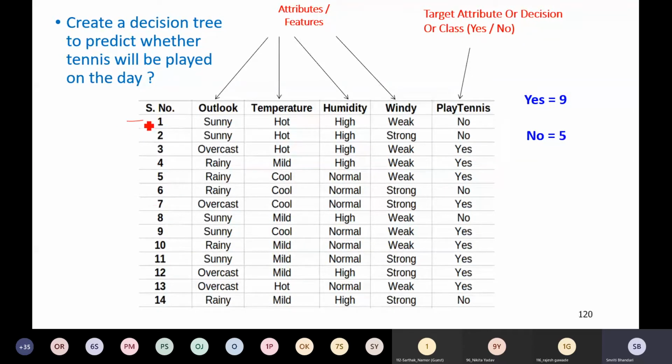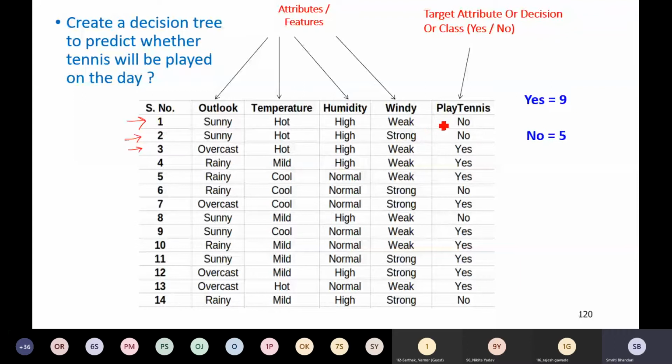Sample 1 is the data for day 1, then day 2, day 3 and so on. Day 1 weather can be represented, for example, as outlook sunny, temperature hot, humidity high, and the windy attribute has the value weak, that means weak wind.